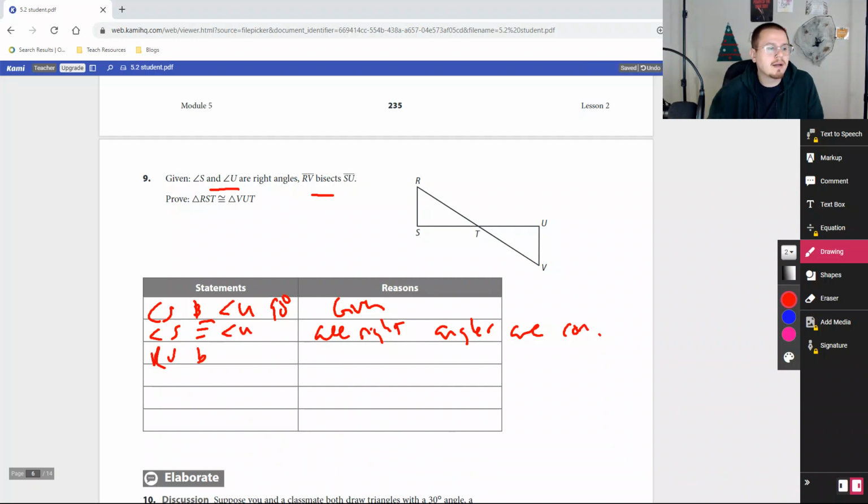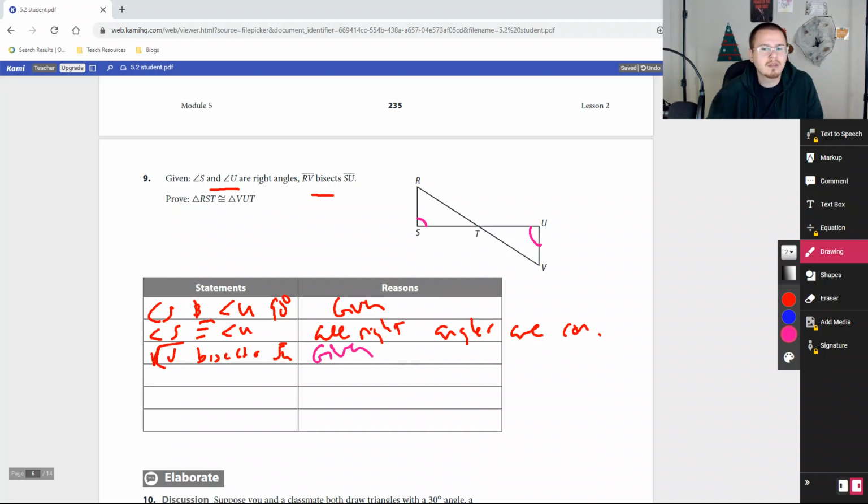RV bisects SU. So let's start getting some stuff on the diagram now, right? So S and U are congruent. I should have marked that like a right angle, but whatever. Congruent. RV bisects SU. We can visibly see that, right? So given.